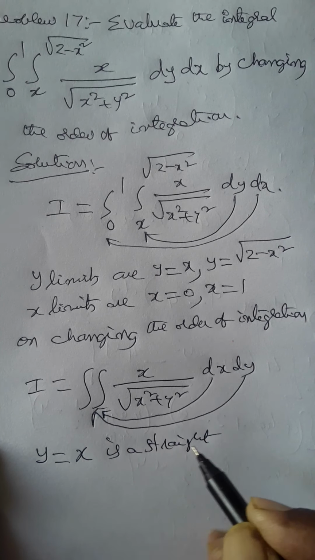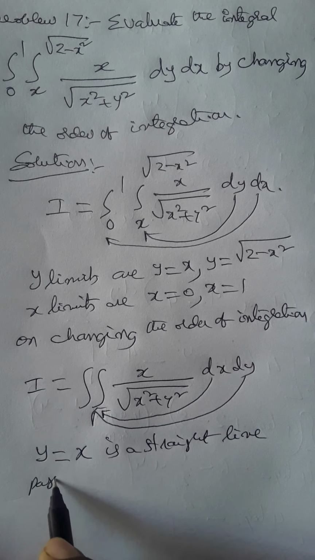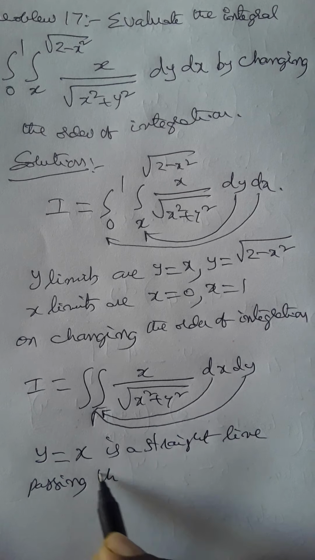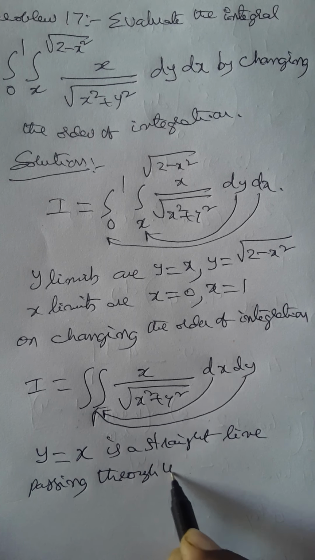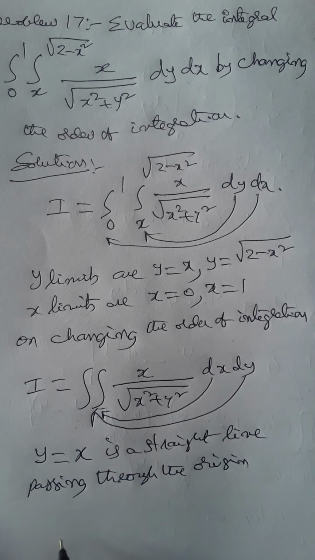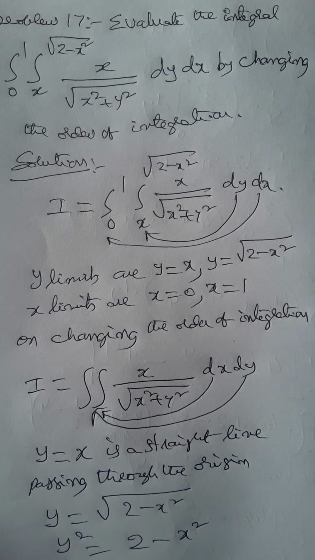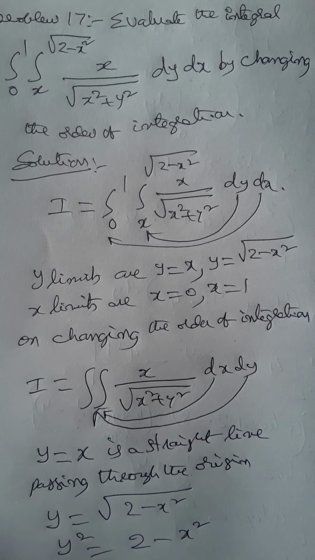passing through the origin. Y is equal to root over 2 minus x square. Squaring on both sides, y square is equal to 2 minus x square. Take x square this side: x square plus y square is equal to 2.